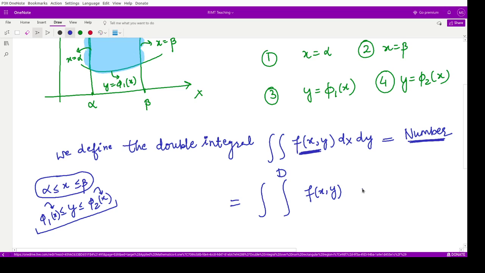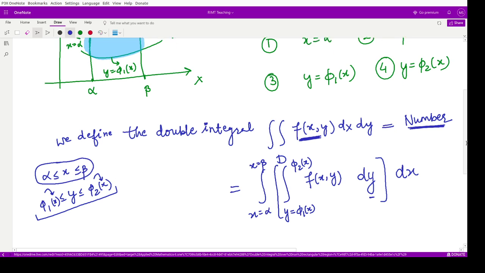So first you will be calculating the limits for y and then with respect to x. The limit of y is from phi1 of x to phi2 of x, and the limits of x vary from alpha to beta.